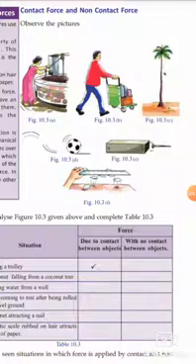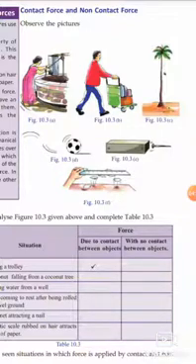The force which can be exerted only when the objects are in contact is called a contact force. And the force which can be exerted when the objects are not in contact with each other is known as a non-contact force.